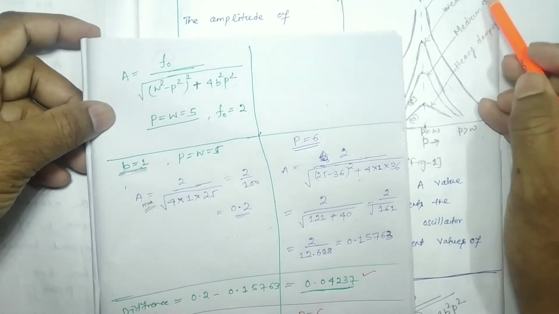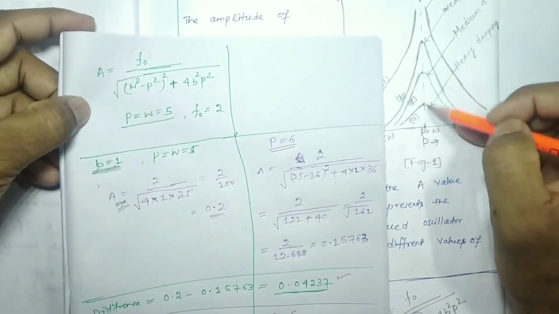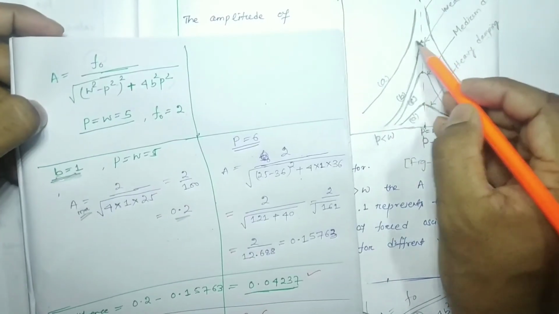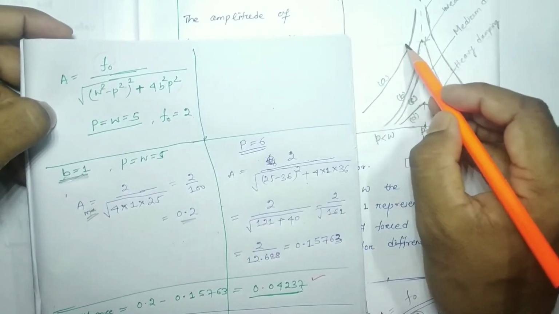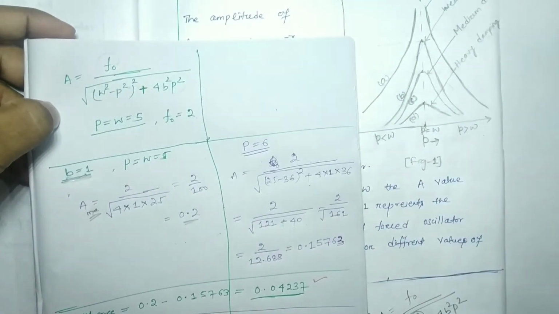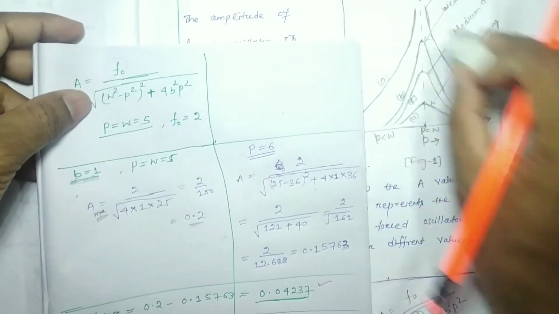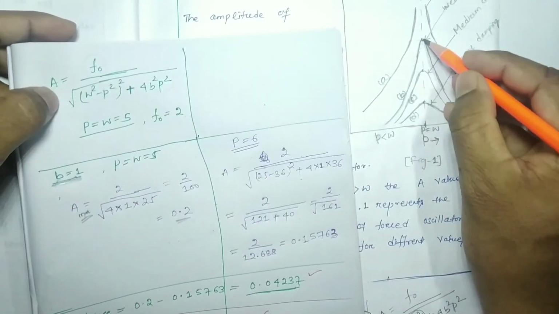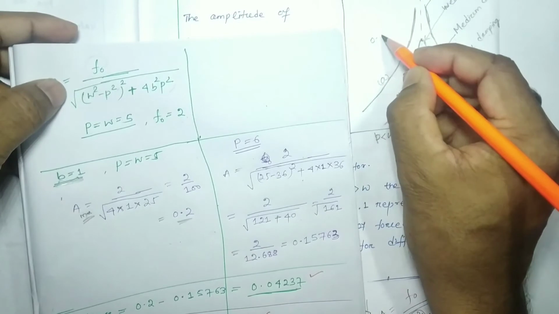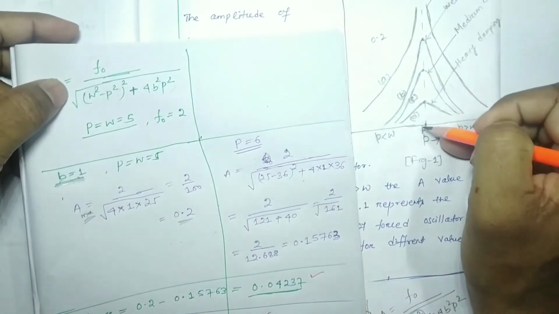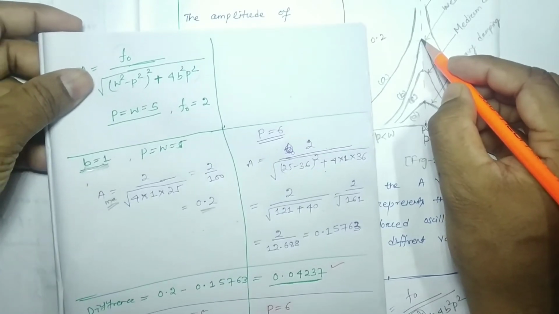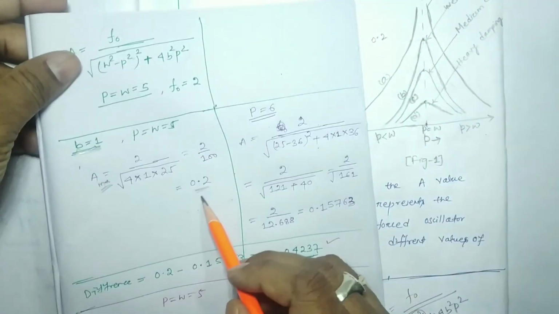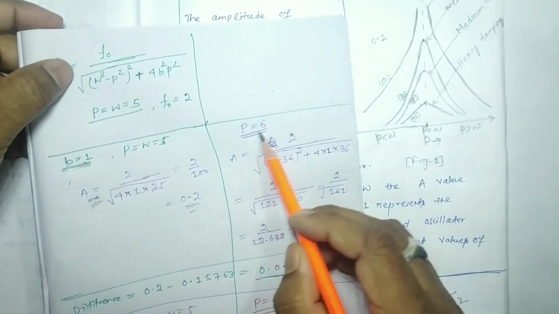That means for weak damping, this amplitude from here to here, the maximum height, is 0.2. Okay, I am just explaining, you just follow.